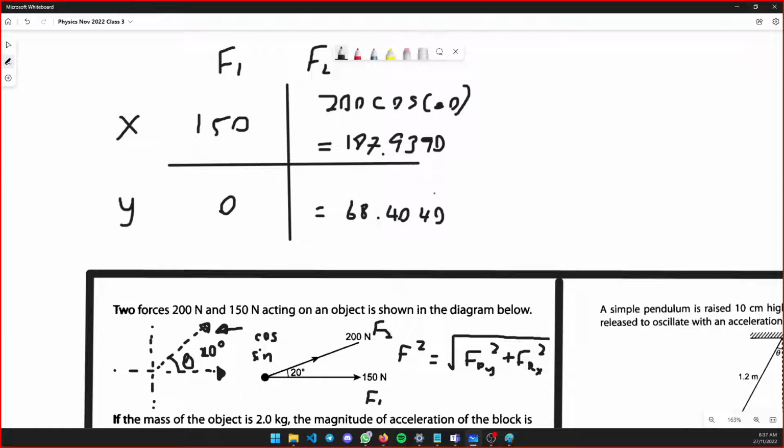Okay, so we have a y component and x component. Let's see if this logic here works out. Okay, F squared equals the square root of, so this will be 187.50, so that will be roughly 337.9390 squared plus 68.4040 squared.